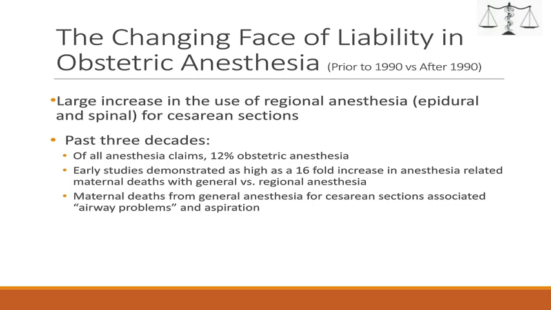And an early study that was actually published in 1998 demonstrated that a general anesthetic was associated with a 16-fold greater incidence in anesthesia-related maternal deaths than regional anesthesia. So that perception preceded the data, and I think people were moving more and more into regional anesthesia around 1990.